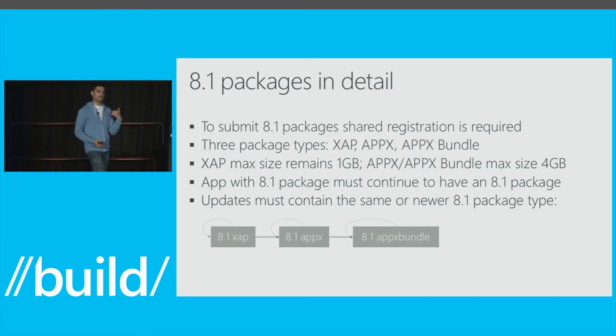You can't say, I want to move back to the Silverlight platform for 8.1 only. You can continue to do that for your 7.0 and 8.0 packages. But for 8.1, in the future, you can only have an APPX, or you can move to the next state, which is APPX bundle. If you have APPX bundle, then you must always have an APPX bundle. So it's an extension of the same rules on the Windows side. Once you move to APPX bundle, you can't go back.